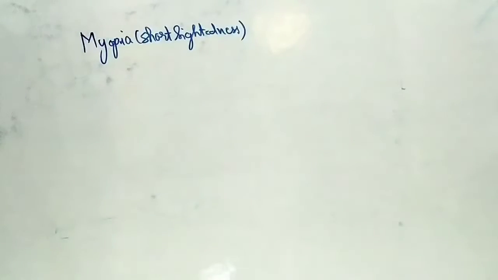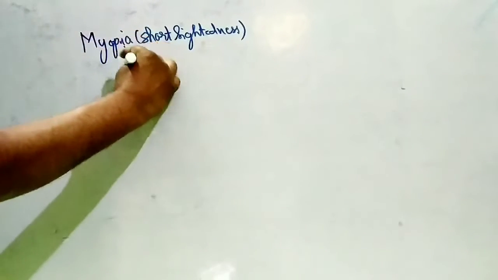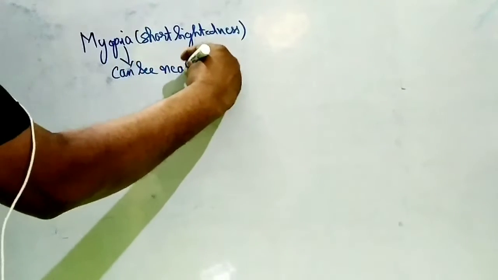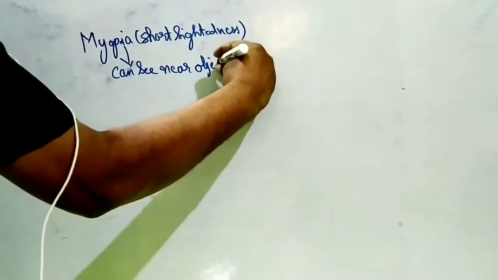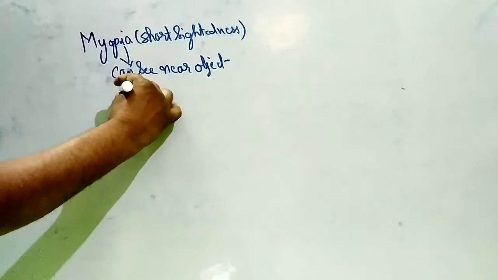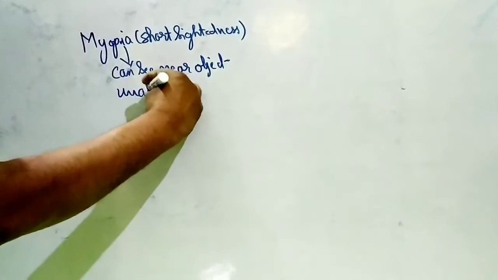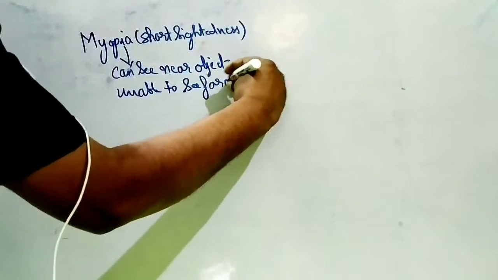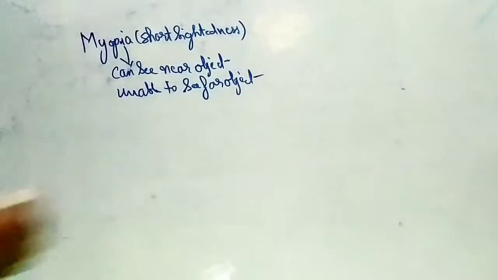In myopia or short sightedness, a person can see a near object but is unable to see a far object.